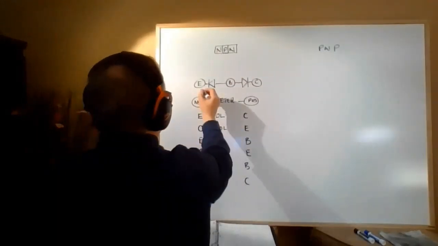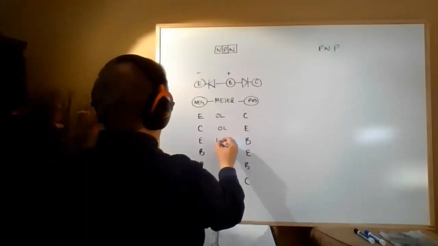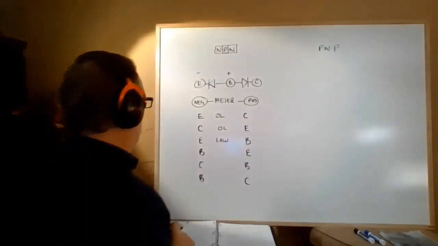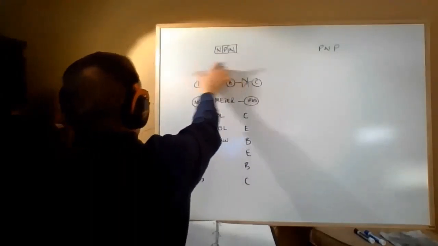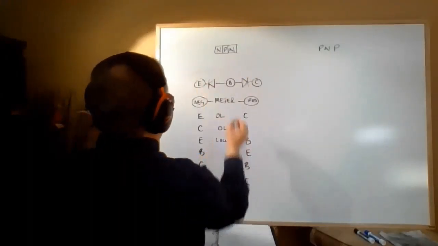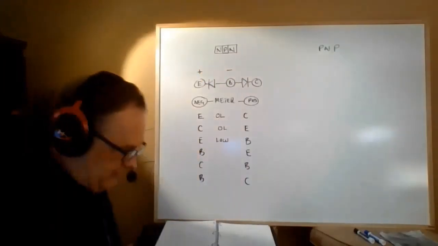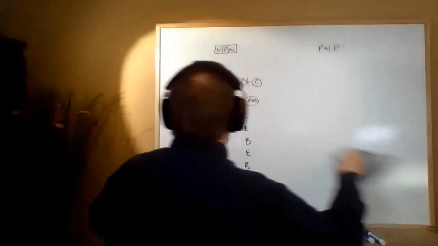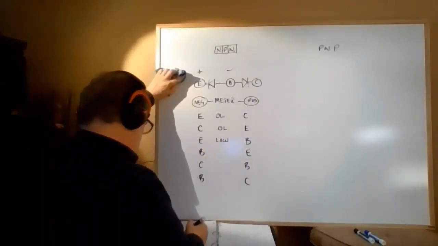Now, if we go E to B, so we put negative here and positive here, this is going to be low. We're going to get a low reading. What about if we go the other direction, B to E? That means putting the negative here and the positive here. And as you can see, that now is actually reverse biased. And reverse biased will mean an OL.